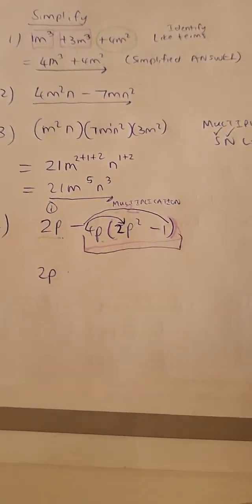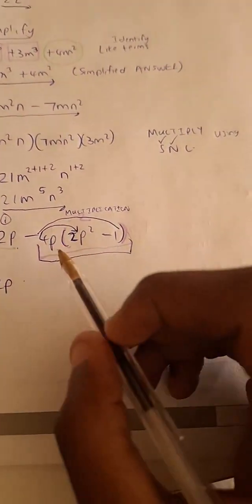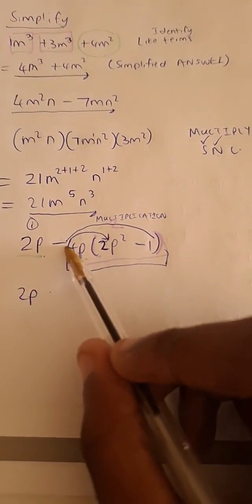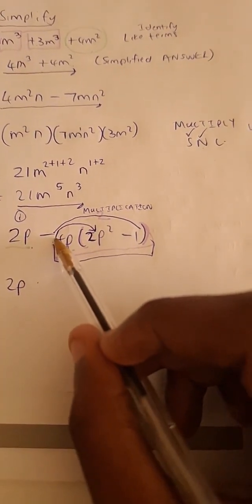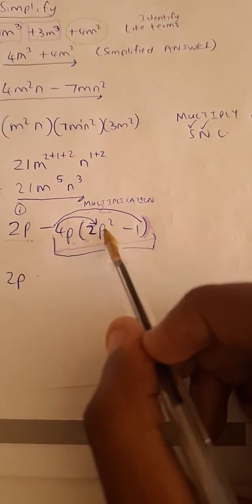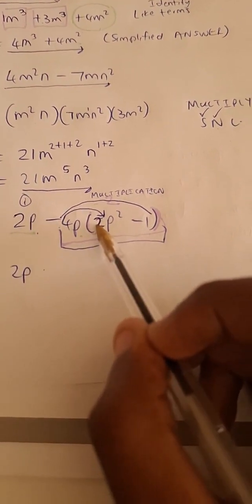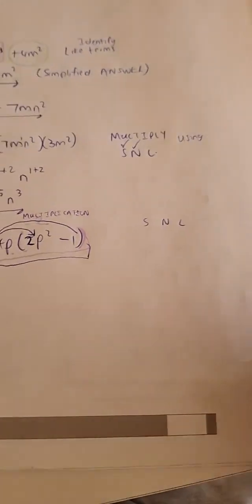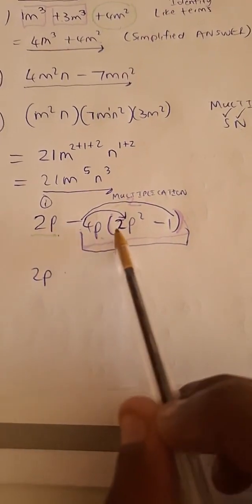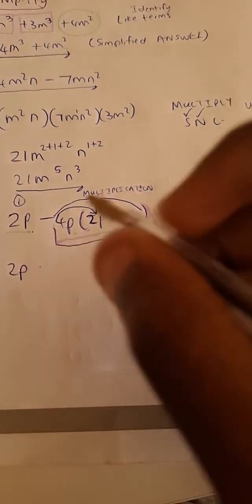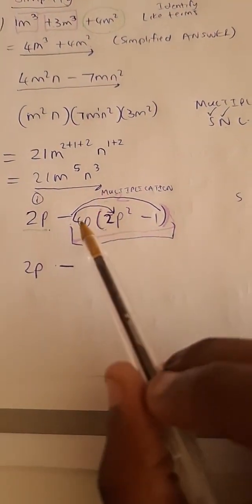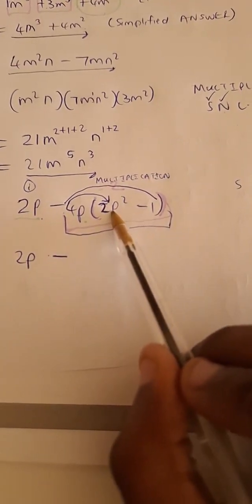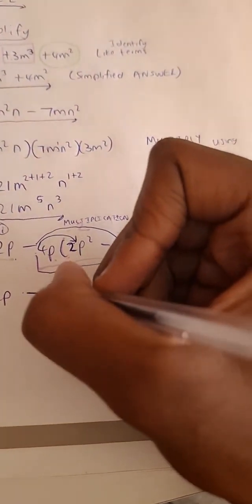Okay, very important. So let's do this. Negative 4p times 2p squared. What's a negative times a positive? Because when we multiply, we must remember S and L. So what's negative times a positive, guys? It gives us a negative. Then what's 4 times 2? It's 8.